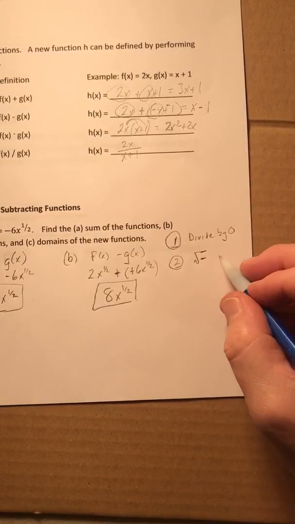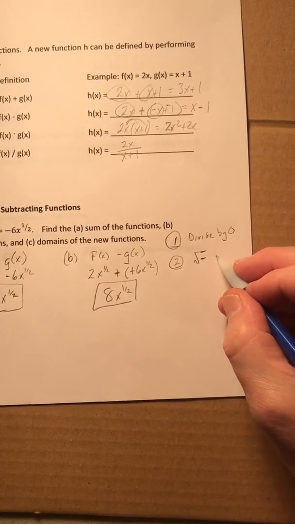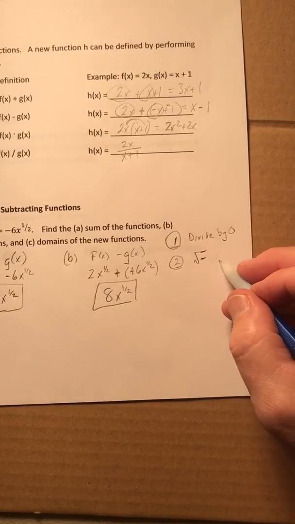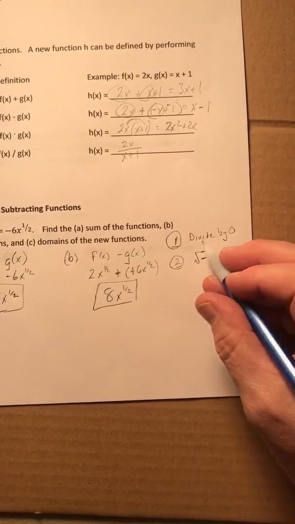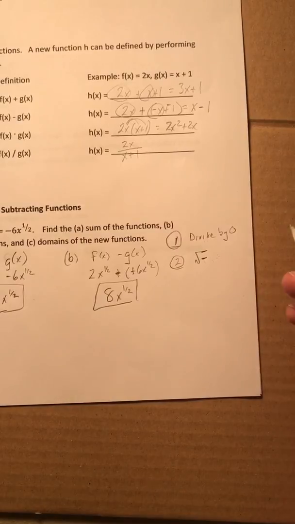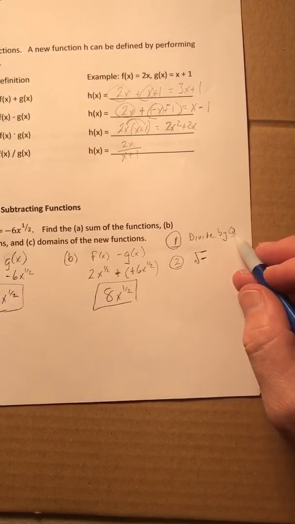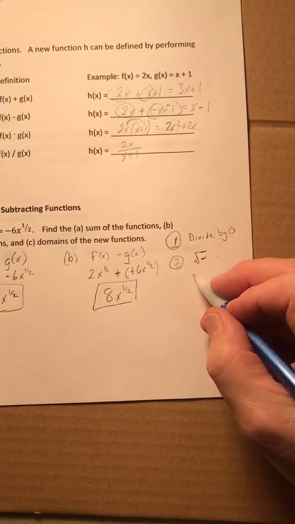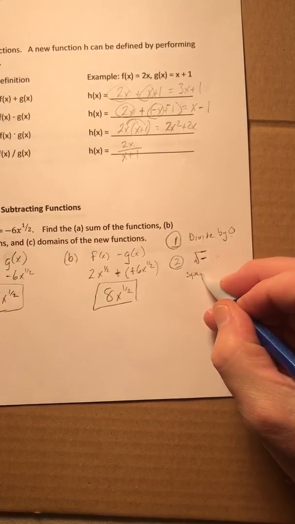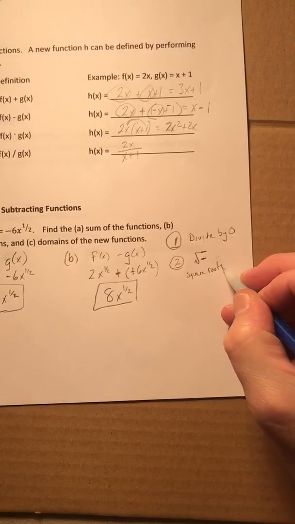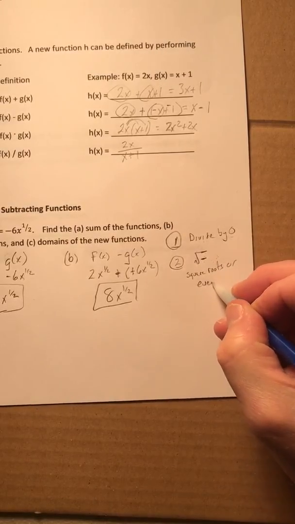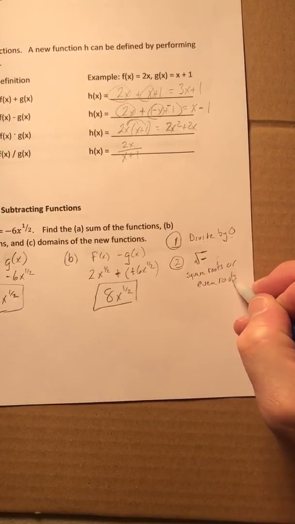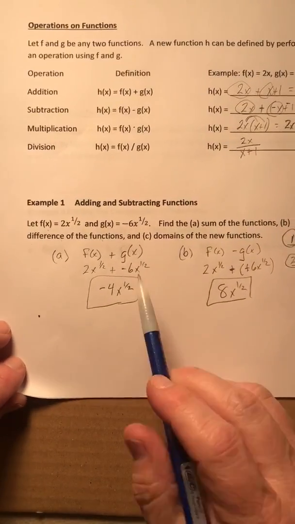That would not give us a real solution. So those are the only two things you have to worry about: if you have division, make sure you're not dividing by 0, or if you have square roots or even roots, they cause restrictions on the domain.